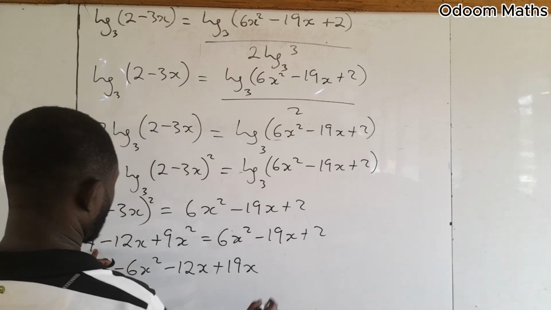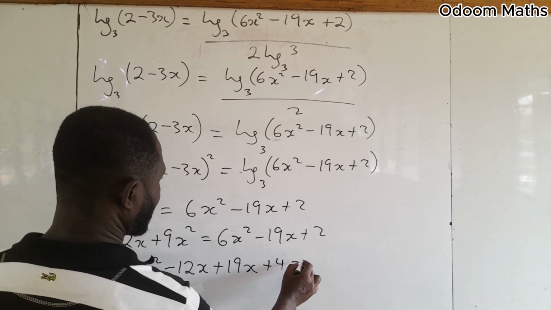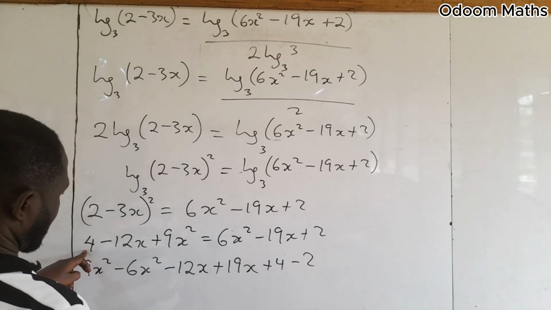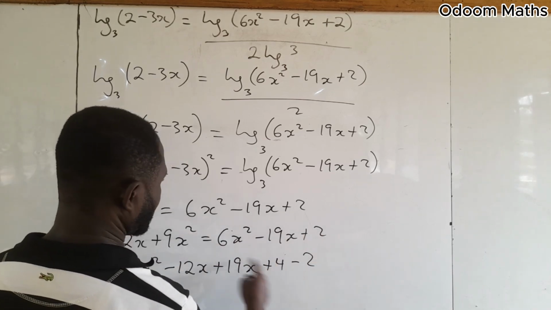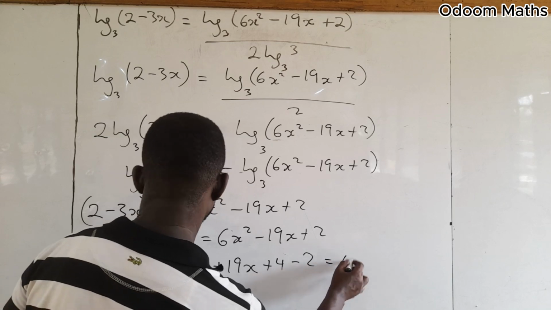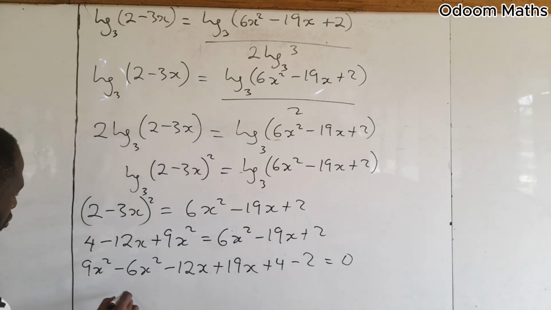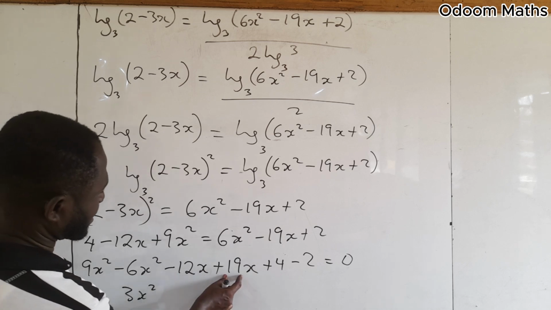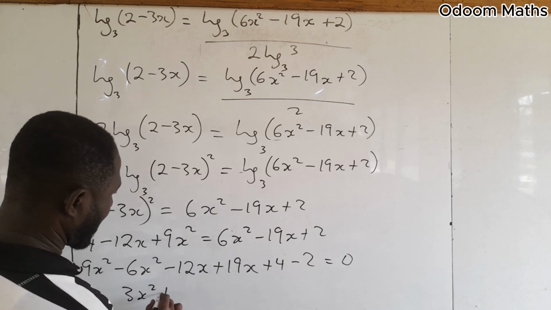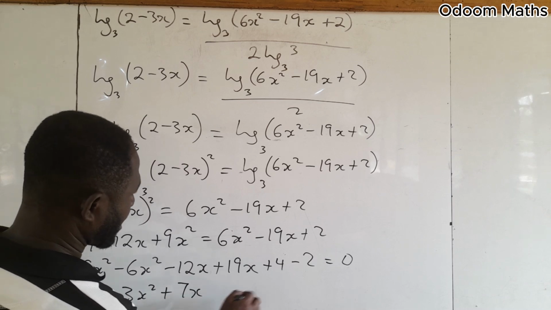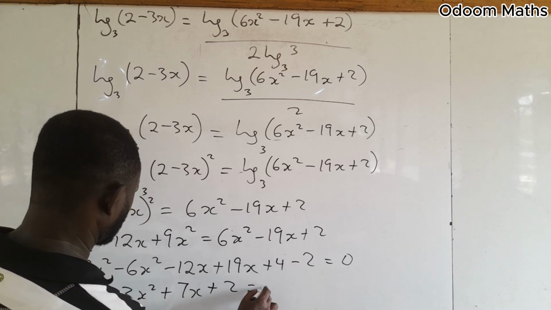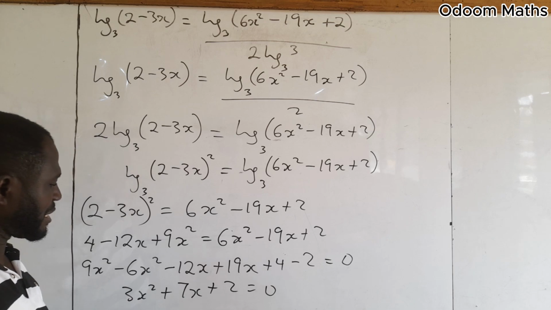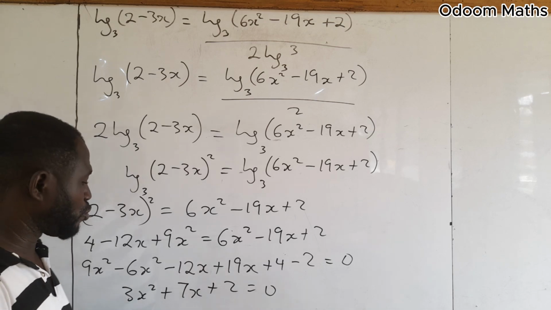Then plus 4 minus 2. So plus this 4, then this coming becomes negative 2 equals 0. Okay. So this is going to be 3x squared. Now negative 12 plus 19 is plus 7x. Then this is going to give me plus 2 equals 0. So now I have this simple quadratic equation to solve.